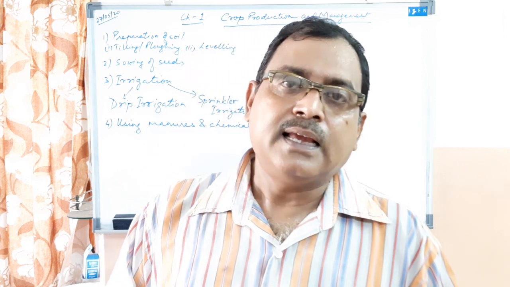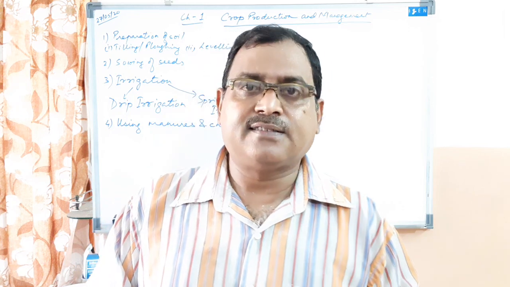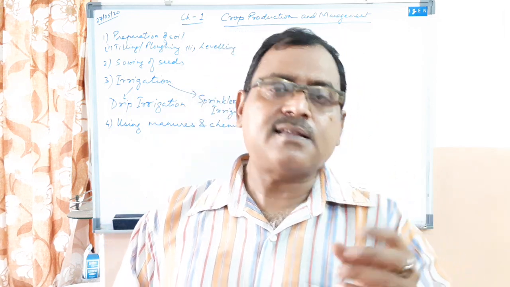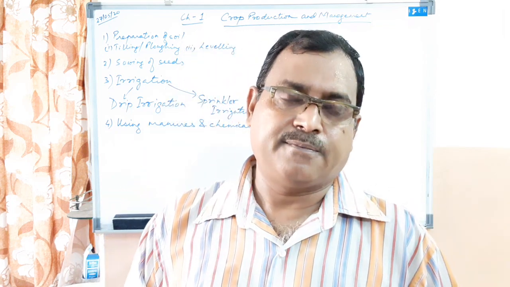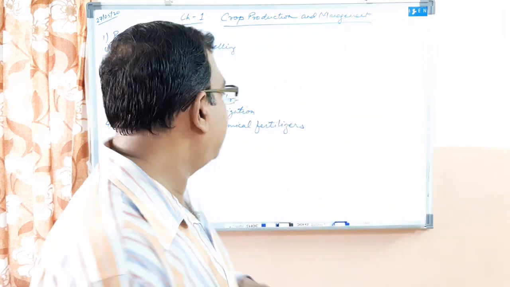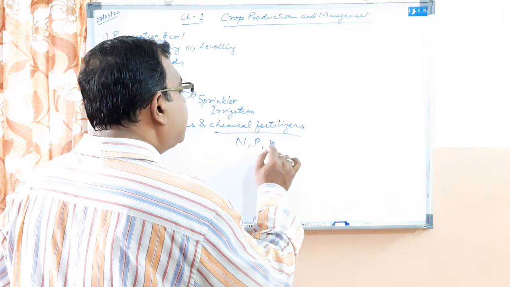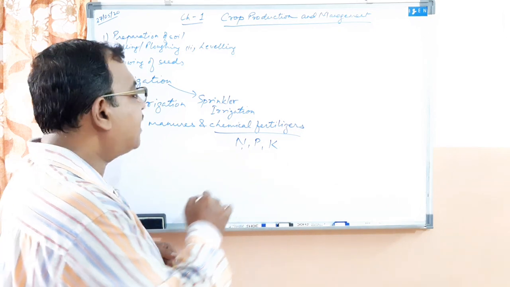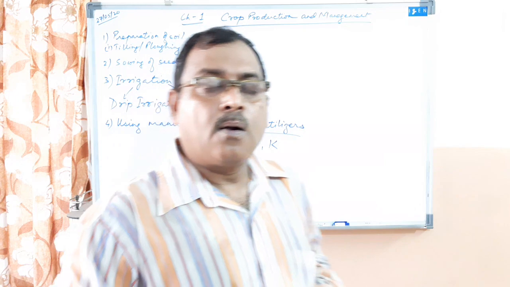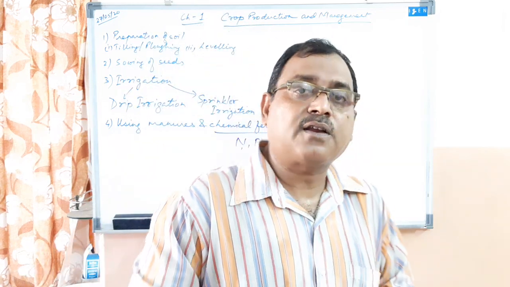Sometimes, in place of manure, chemical fertilizers are used. Now these are mainly chemicals which are made in factories. Three different types of fertilizers are there: N, P, K. N stands for nitrogen or nitrogenous fertilizer, P stands for phosphatic fertilizer, and K stands for potash fertilizer, means potassium.